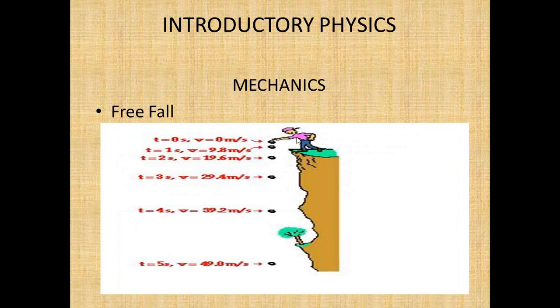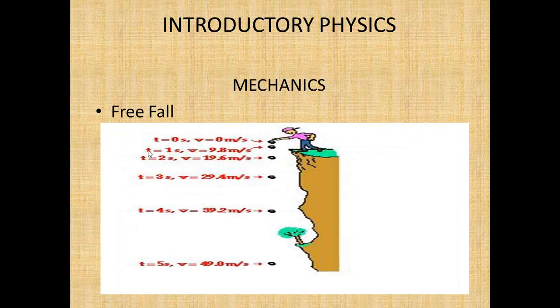So this is what we talk about. If you're right up here and say you drop a ball, just before you drop the ball, at time 0, the velocity is going to be 0.